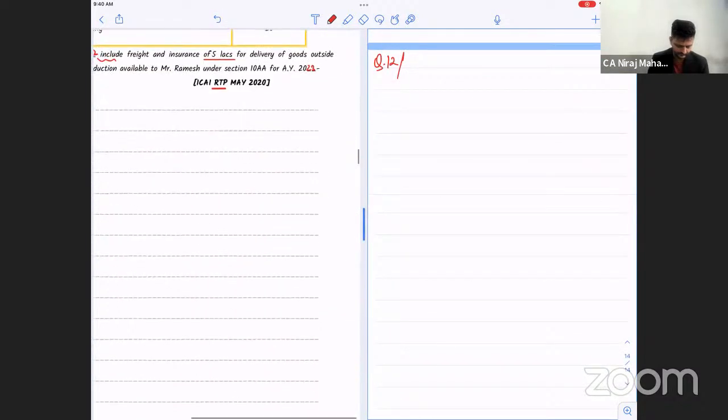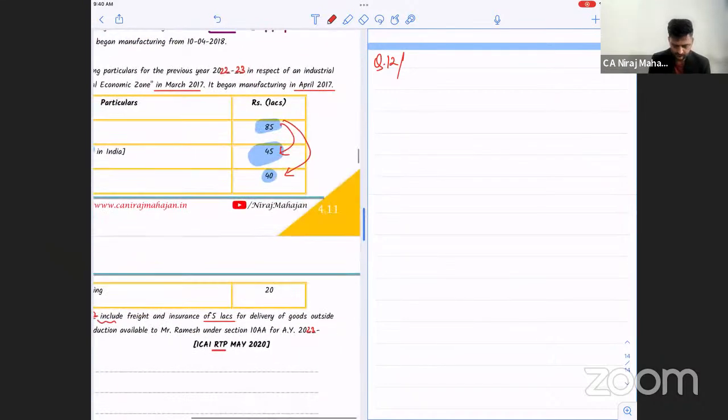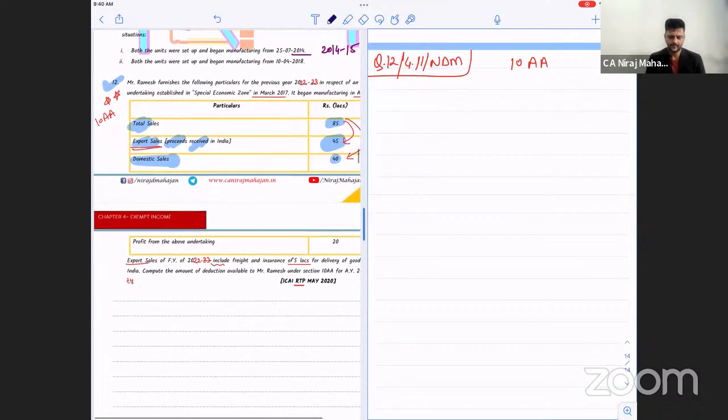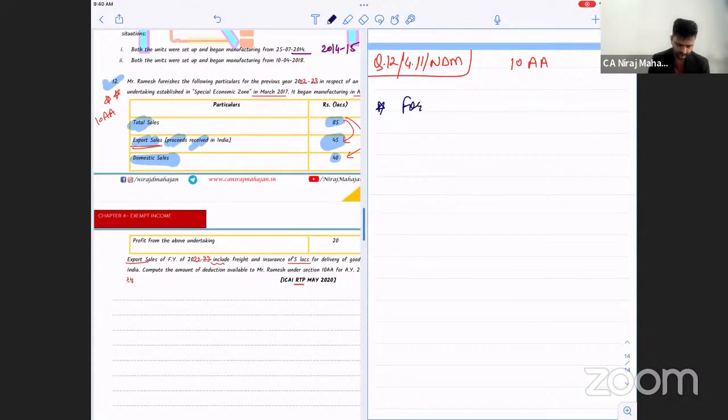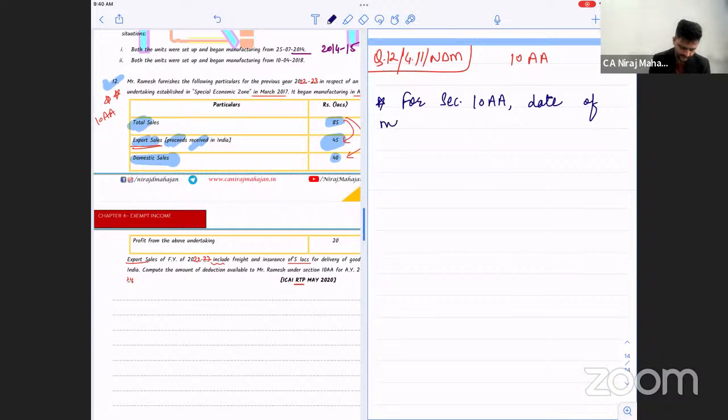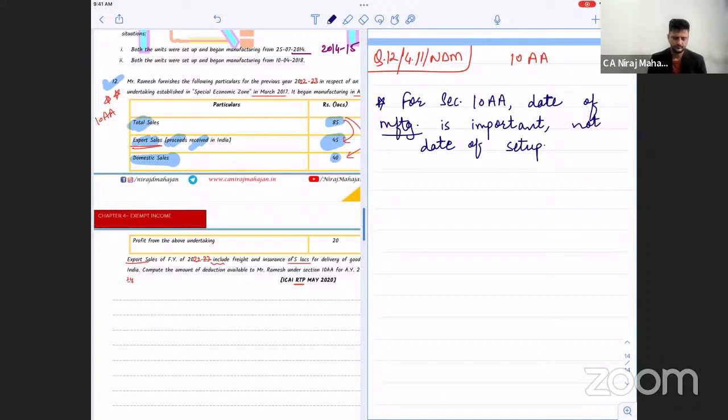Question number 12. Ready, everybody? Some important points I'm giving you. For section 10AA, date of manufacturing is important, not date of setup. Fine? Ready?